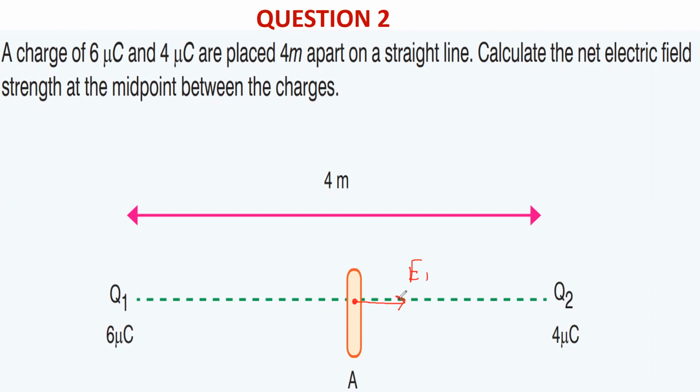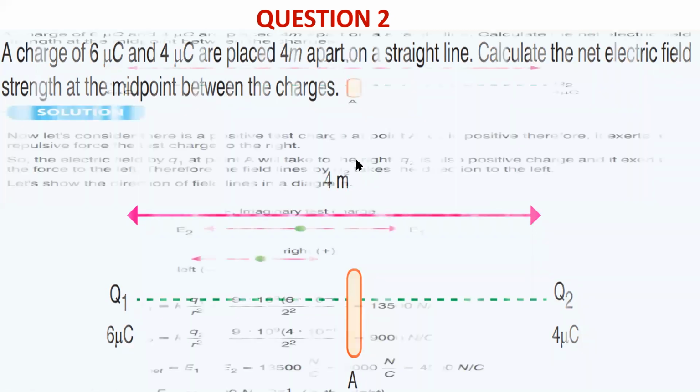So Q1 repels with electric field E1 to the right. What about E2? To the left, because Q2 also repels this point. We are going to calculate E1 and E2 by using the formula K times Q1 over R square. Now, I hope the direction is fine, and then we are going to carry on with our solution.